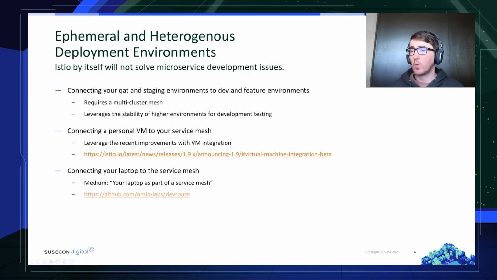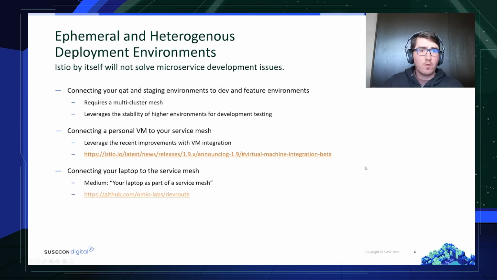And the last option, which is definitely a more involved option, but not involving the multi-cluster mesh approach, is going to be connecting your laptop to a service mesh. And this is an example I pulled from an IstioCon presentation, and I will go over a couple of their links so that I can show you just how this would be structured.